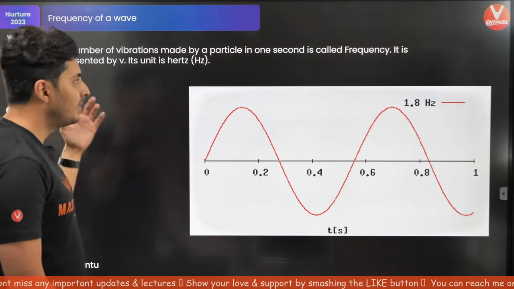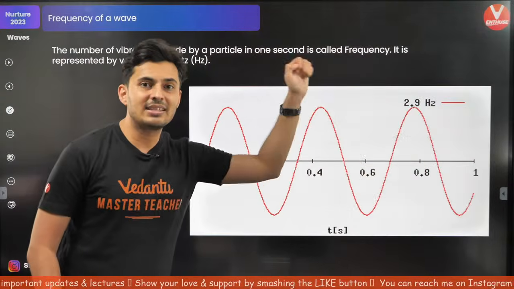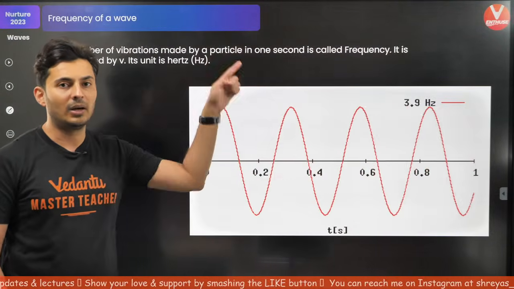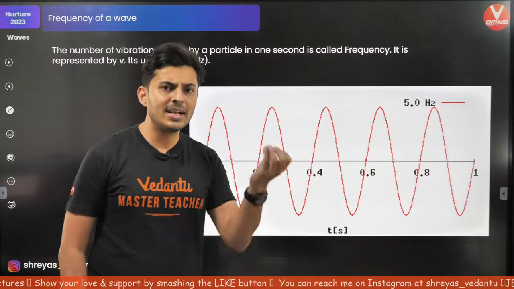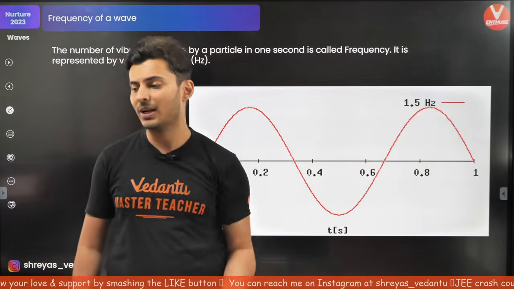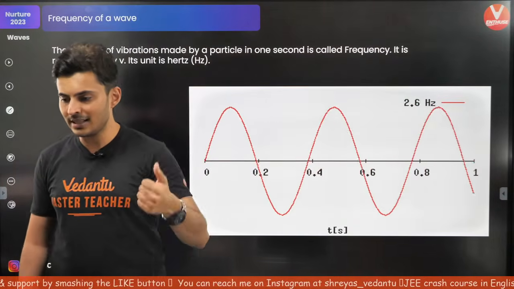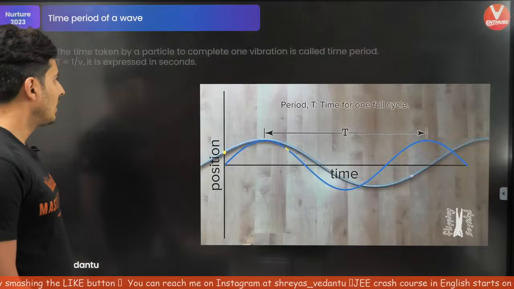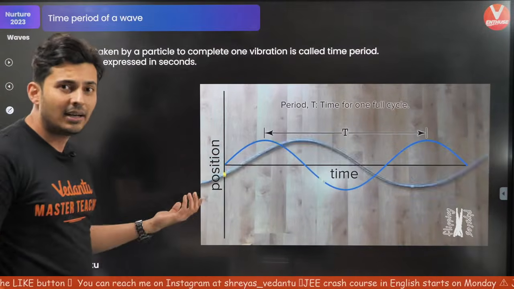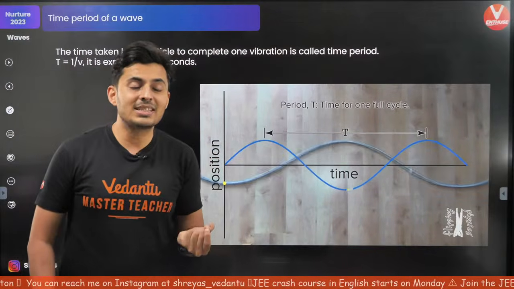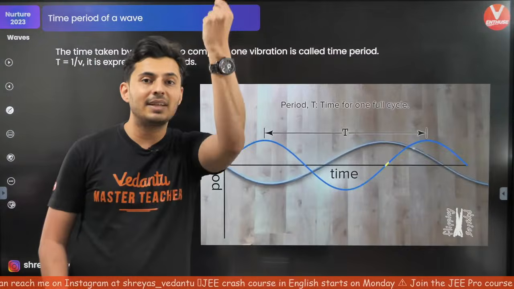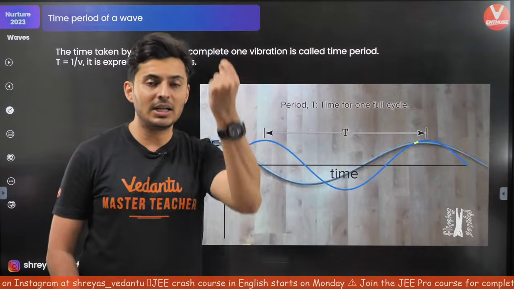Next, what is the meaning of frequency? Frequency is the rate at which a particle goes up and down. So when I say the frequency of a wave, it means the rate at which a particle is going up and down. That's it. Next, what is the meaning of time period? Time period is how much time any particle on the wave takes to complete one complete oscillation.